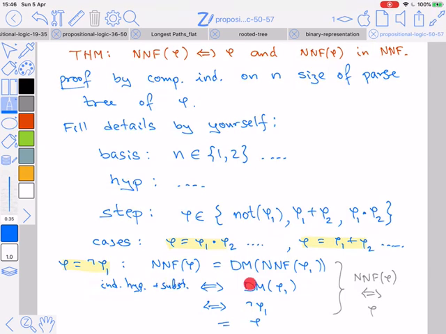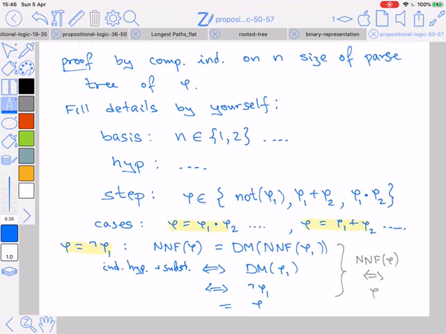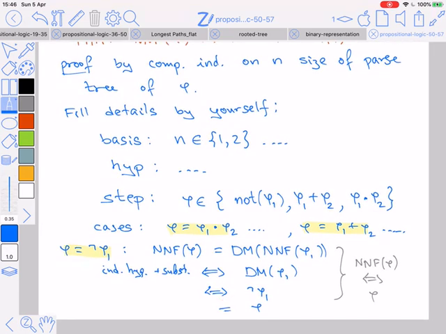Now, the De Morgan dual of phi 1, by what we have proved about De Morgan duality, is logically equivalent to the negation of phi 1. The negation of phi 1 is exactly equal to phi. So we get here equality to phi. Notice that this is equality, and this is equality, and here in the bottom, but these 2 are logical equivalences. Okay? So we get that phi is logically equivalent to the NNF of phi as required.